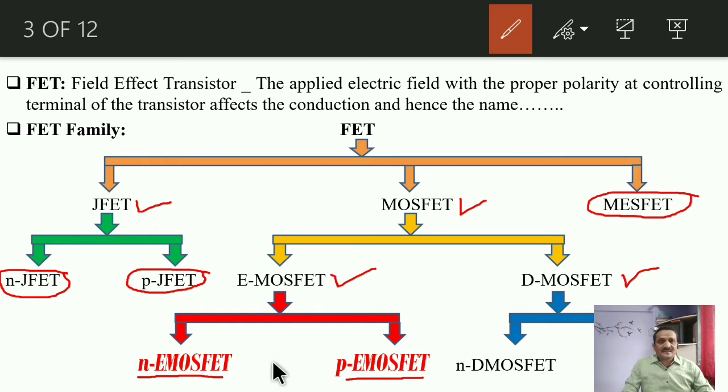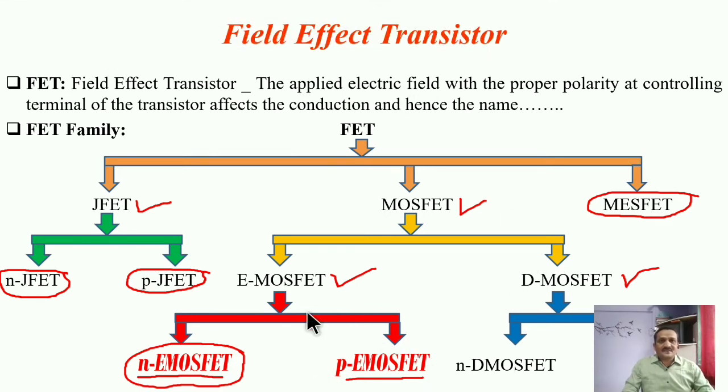Basically, whatever applications are given in your syllabus are all around the N channel E MOSFET. Being part of the syllabus you have to prepare the P channel E MOSFET also, but no questions will be asked on it. So we'll concentrate on the N channel E MOSFET.